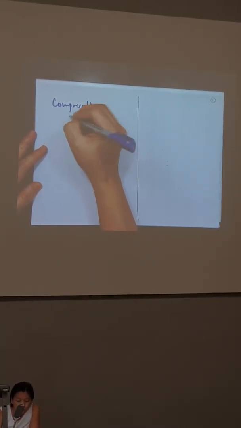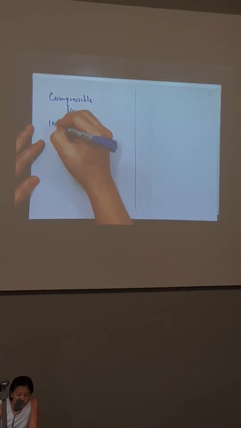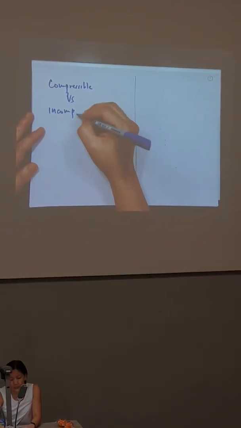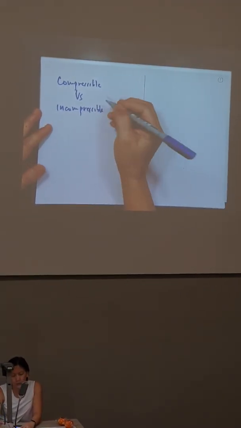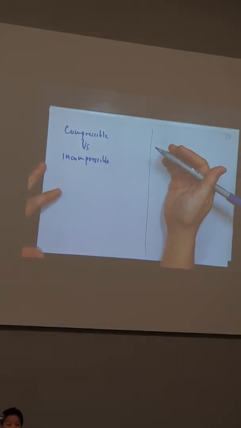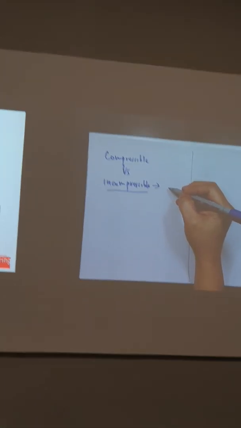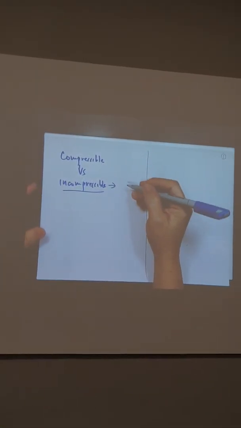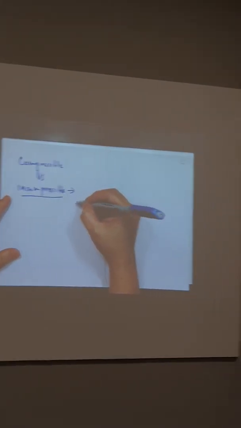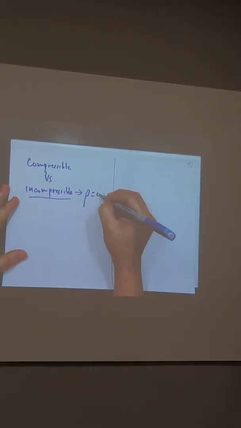The opposite of compressible flow is incompressible. When a flow is incompressible, what does it mean? What remains constant if it's incompressible? You have this at your fingertips. Incompressible flow means density. Density, very good. Density equals a constant.